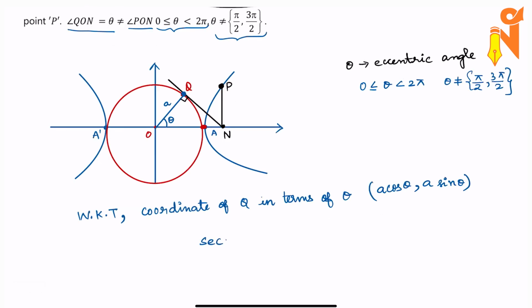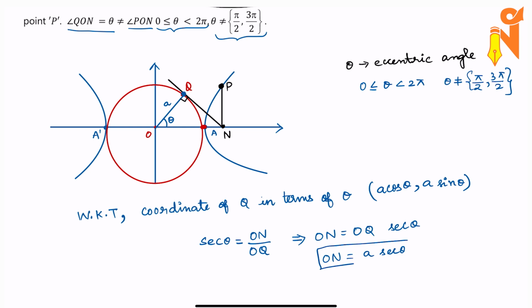Now secant theta is equal to ON upon OQ, which implies ON is OQ secant theta. OQ is nothing but the radius of the circle. So ON is a secant theta. So obviously the coordinate of point N is a secant theta comma 0, as it lies on the x-axis.